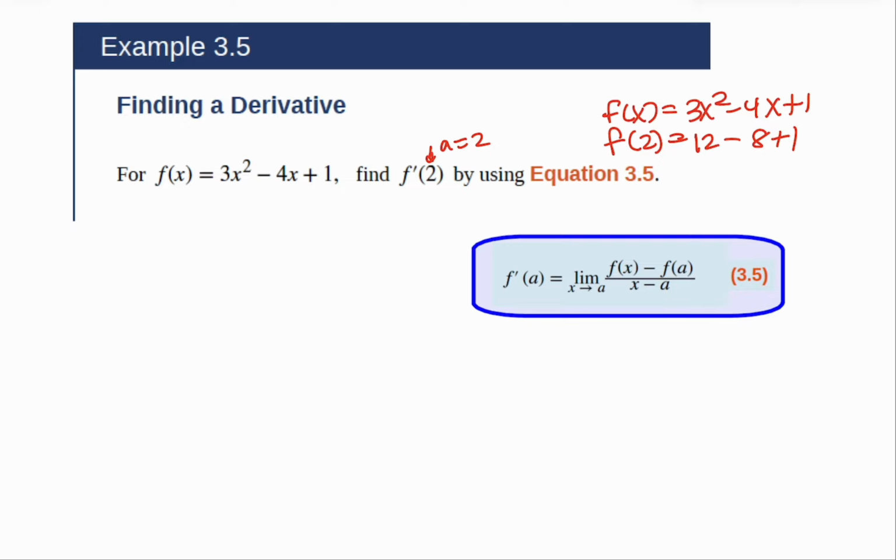So 12 minus 8 is 4, plus 1 is 5. So we know that f of 2 is 5. If we want to find the slope of our tangent or our derivative at an a value of 2, that is just going to be the limit as x approaches 2 of f of x minus f of 2 over x minus 2.